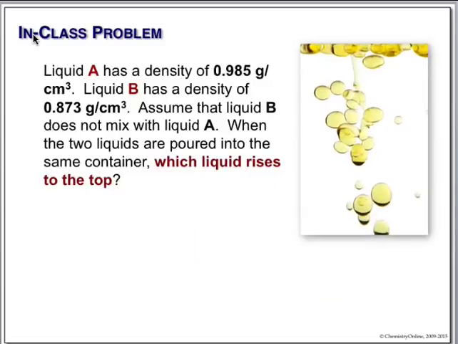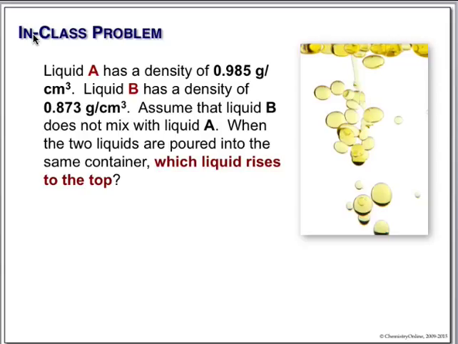Very simple problem here. Liquid A has a density of 0.985. Liquid B has a density of 0.873. They don't mix, like oil and water. Which liquid is going to float on the top? Think about lead floating on mercury, right?